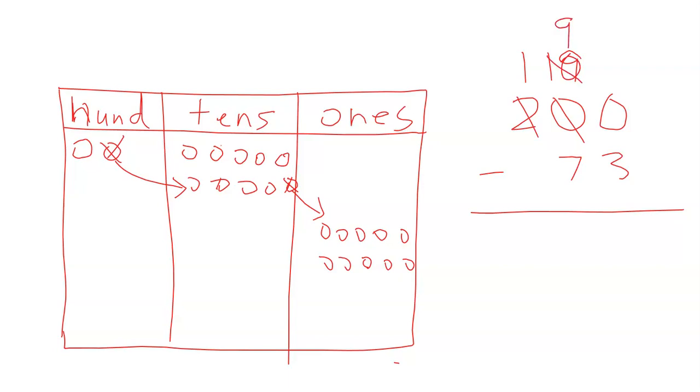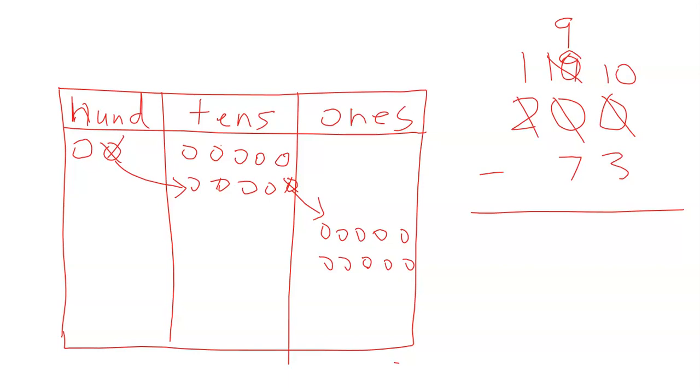Now when I unbundled that 10, I created 10 ones, as you can see here. So I had 10 tens when I unbundled 100, and I had to unbundle one of those to create 10 ones. Okay? All right, so now I have enough.